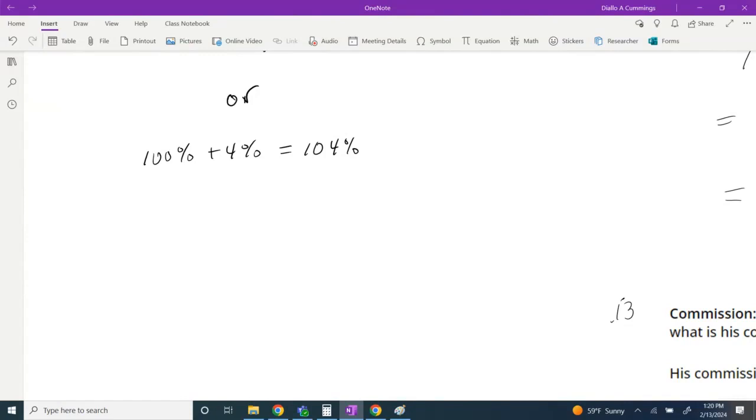If it's an increase, I'm going to add to 100%. If it's a decrease, I'm going to subtract from 100%. So now if I change the 104% to a decimal, that's going to equal 1.04. I would just drop the percent symbol and move the decimal 2 places to the left. I can now take that original salary, which was $22,300, and I can multiply that by 1.04.